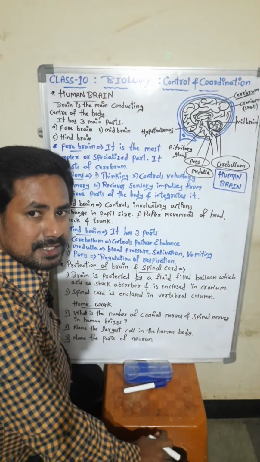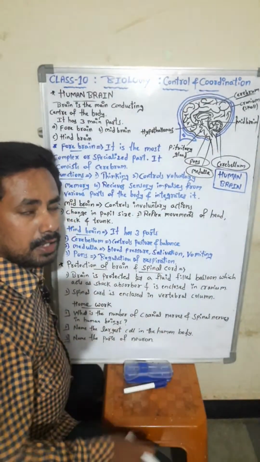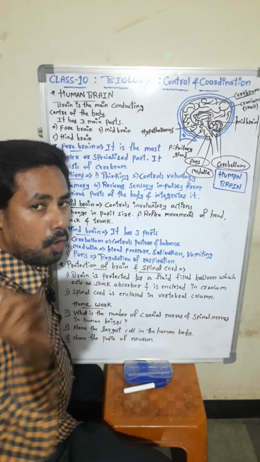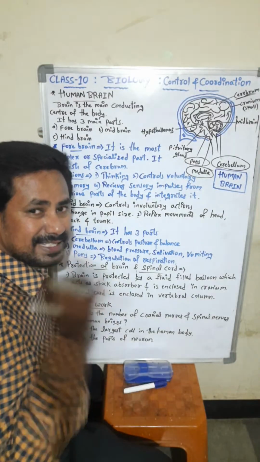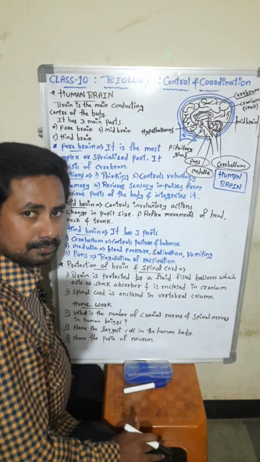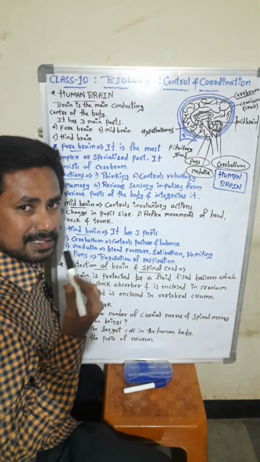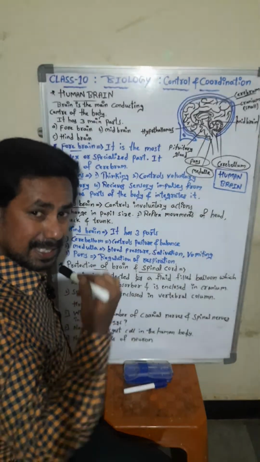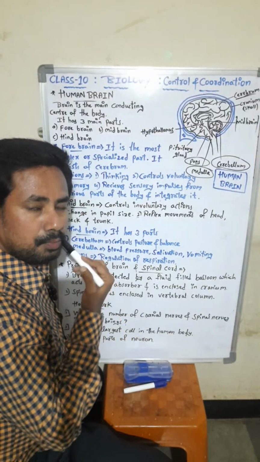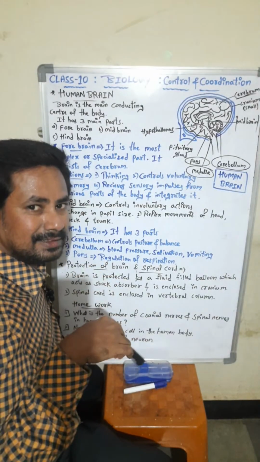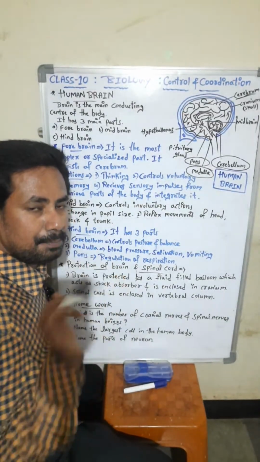Are you getting, students? Blood pressure, salivation: continuously in our mouth a watery, fluid-like substance, saliva, is released. The salivary gland has three parts: parotid glands, submaxillary glands and sublingual glands. Below our tongue, sublingual; at the bottom of our cheek, submaxillary; and inside our cheeks, parotid glands.